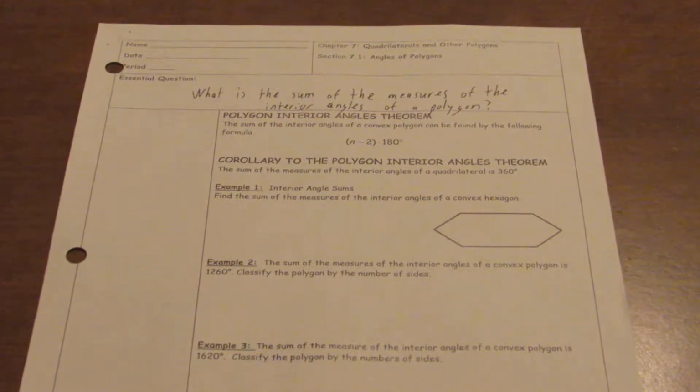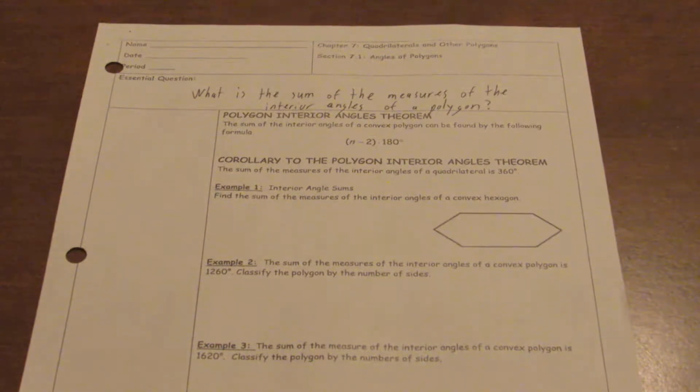So in a triangle, 3 minus 2 is 1. 1 times 180, I have 180. Quadrilateral, 4 minus 2 is 2. 2 times 180 is 360. So it's going to constantly go up by 180. This is based on the number of non-overlapping triangles that I can draw in a shape. And that's where that formula comes from.